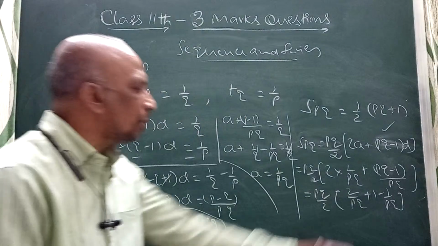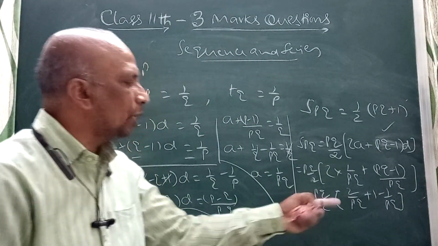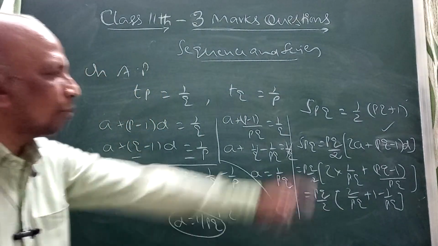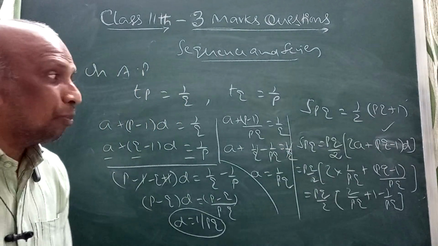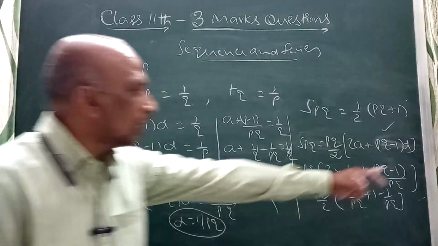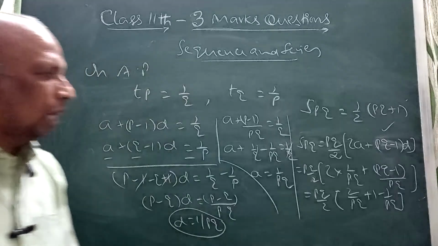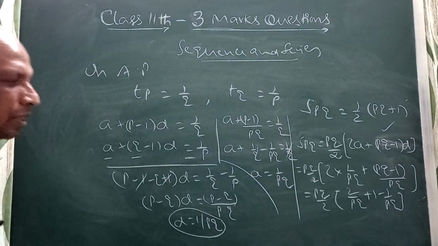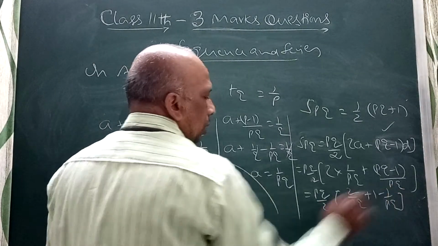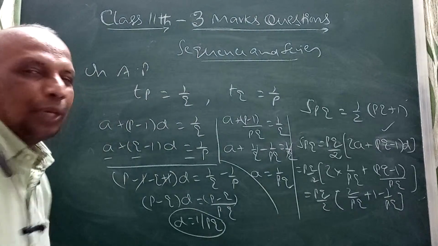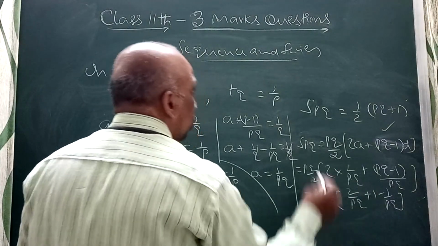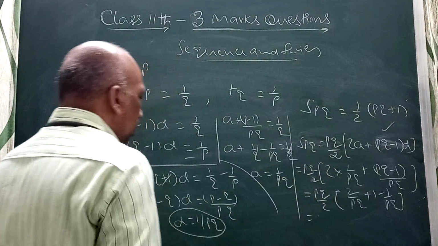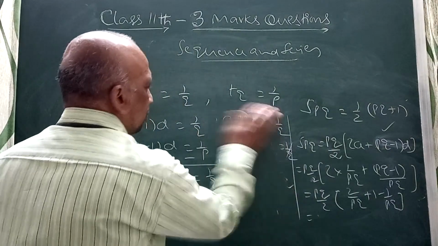I can take the LCM here, right? Even I can eliminate 1 by 2 pq here. 2a is 1 by pq, I get pq plus 1. The terms are 2a plus n minus 1 into d, where d is 1 by pq. I have written like this, right? You can check that this is 2 by pq minus 1 by pq, which will come 1 by pq.